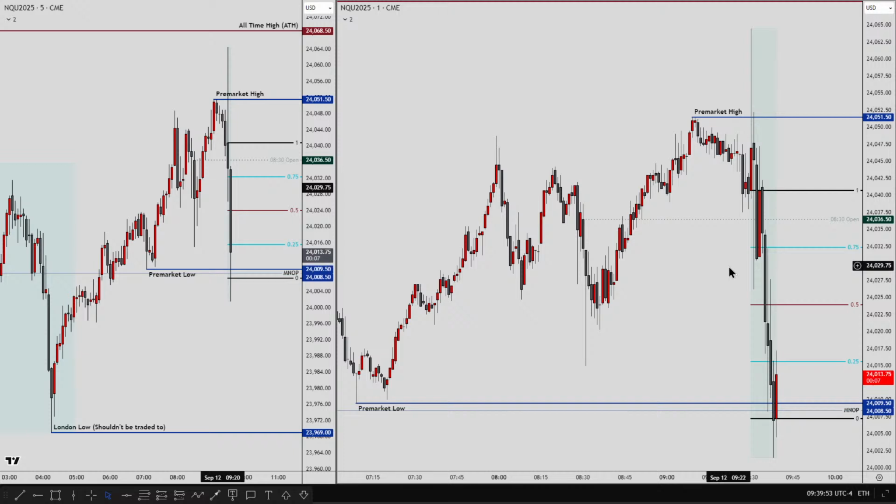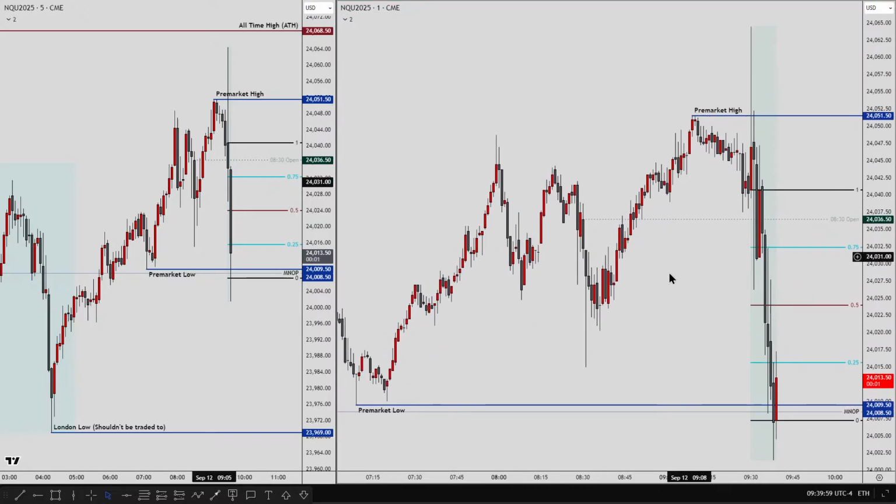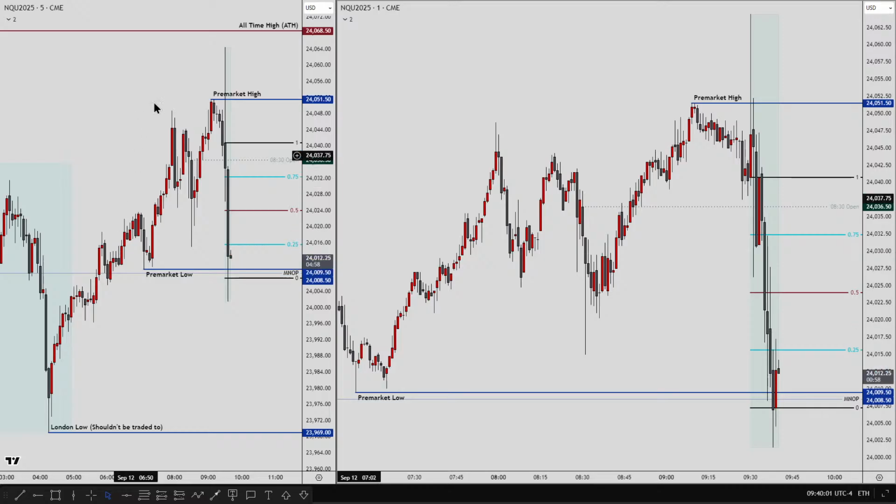So if you have an overall bullish bias for the day and you want to trade into all-time highs, and you know that we're not going to retrace too far down, where you're not going to get a huge run, then why would you sell? You just wait for the manipulation and trade the distribution higher. Trend is your friend, yeah. I hate that little one-liner, but it is kind of true.